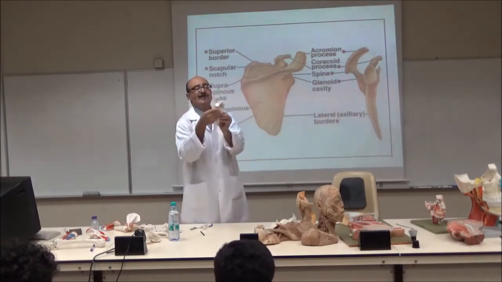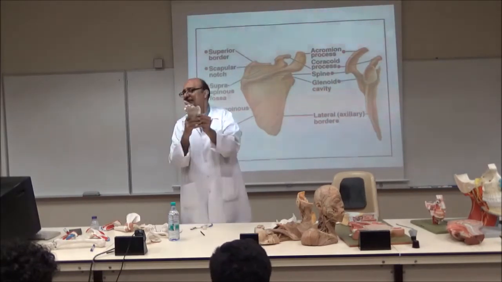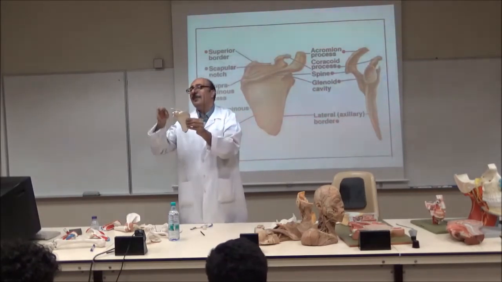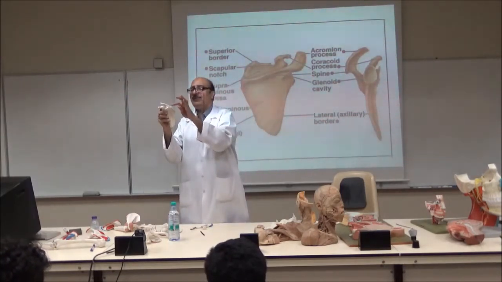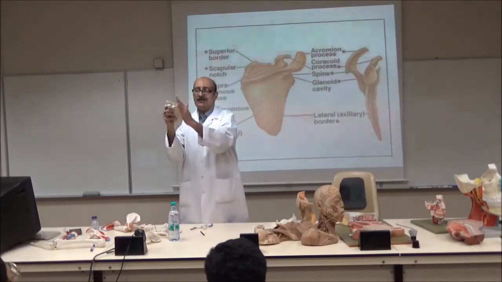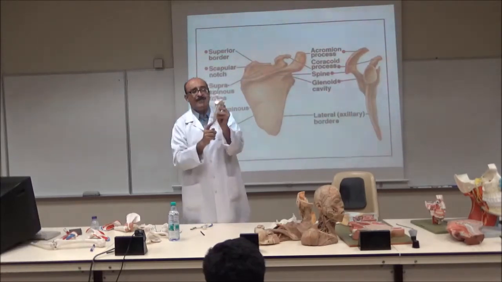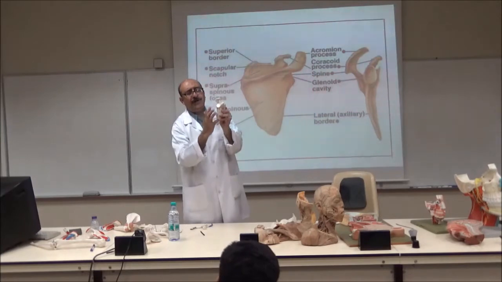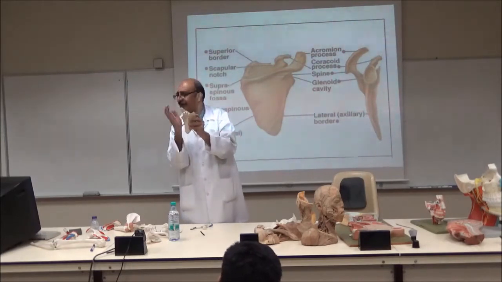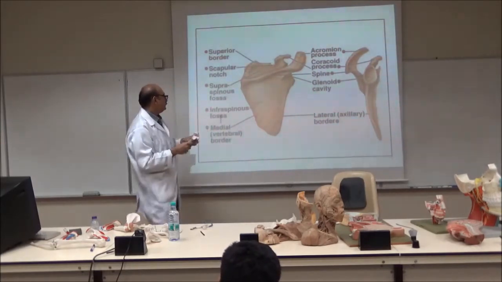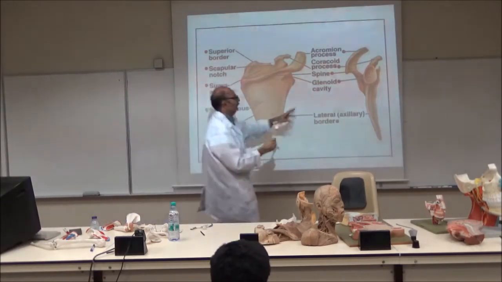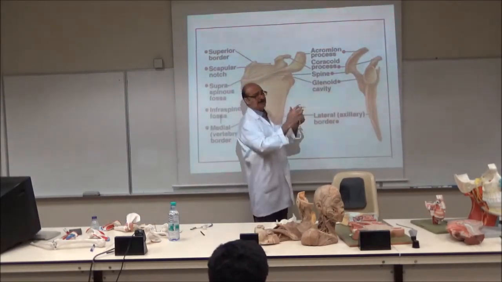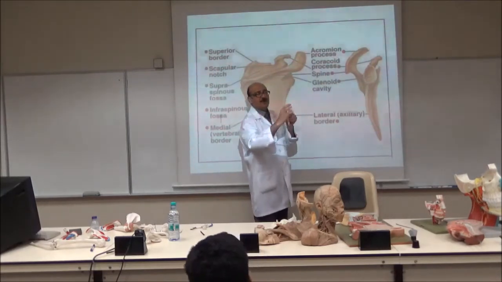Here, very thick, is the lateral border. The border between this angle and this angle is the superior border. The border between the superior and inferior angle is the medial border. From the inferior angle to the glenoid is the lateral border. Clear? Yes, the glenoid cavity, like this, the acromion process, and the coracoid process.